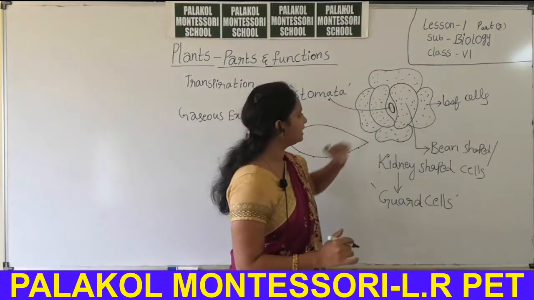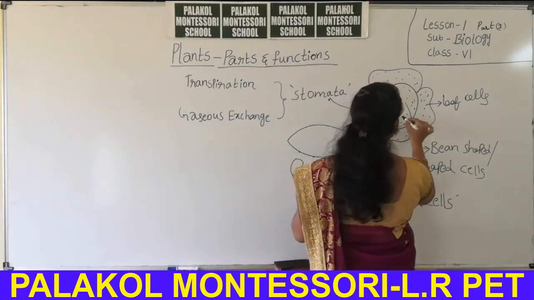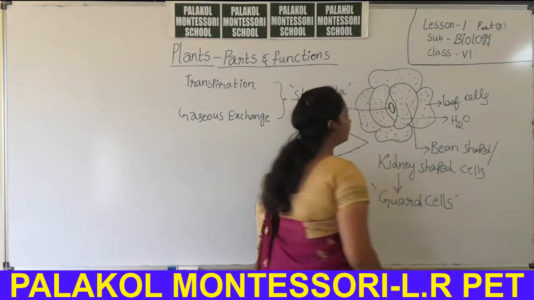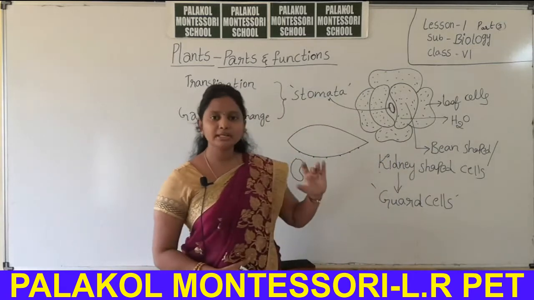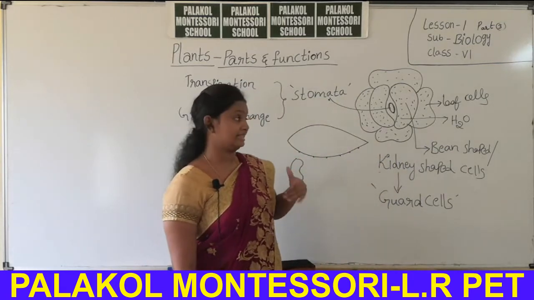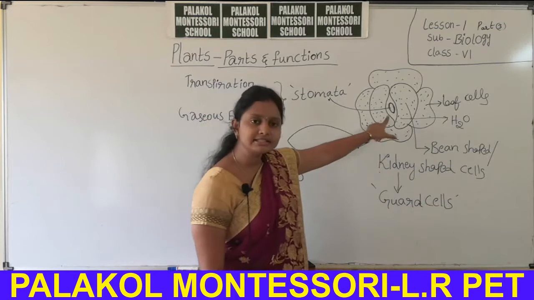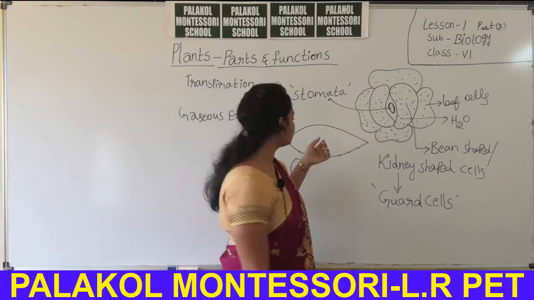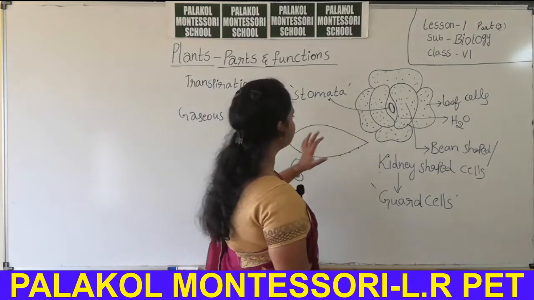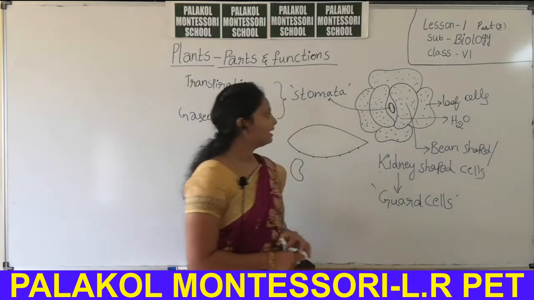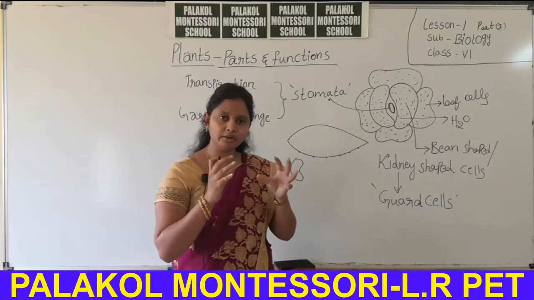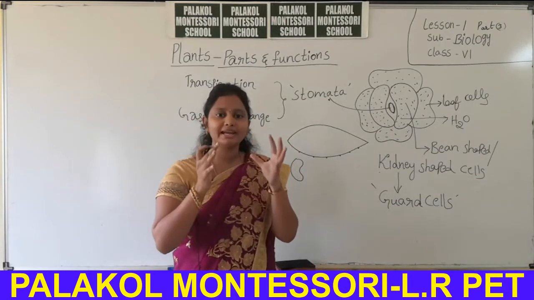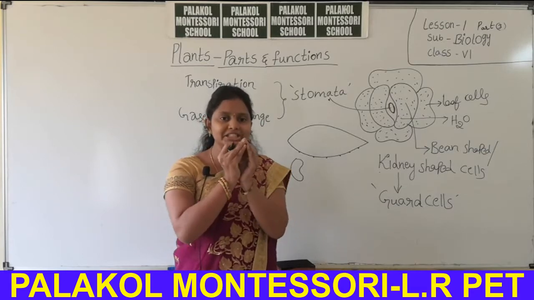These dots indicate water. If the water is more, the cell becomes swollen, or turgid.